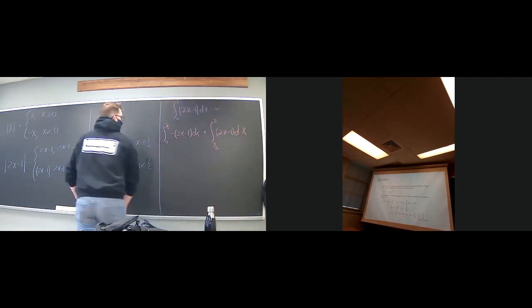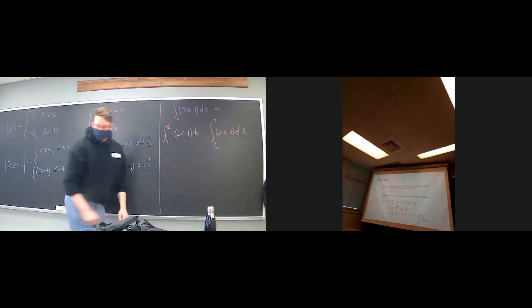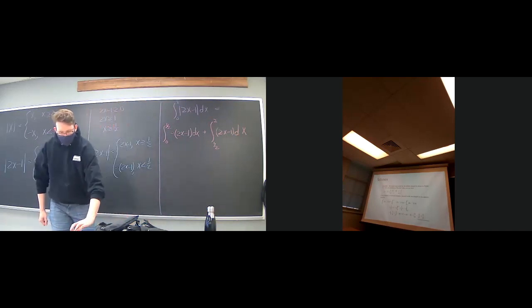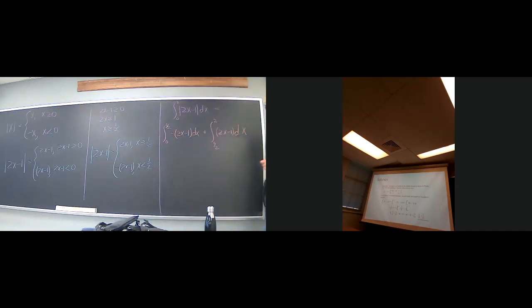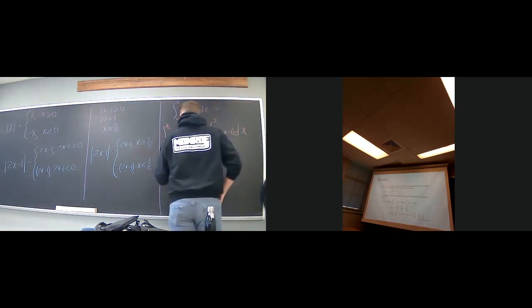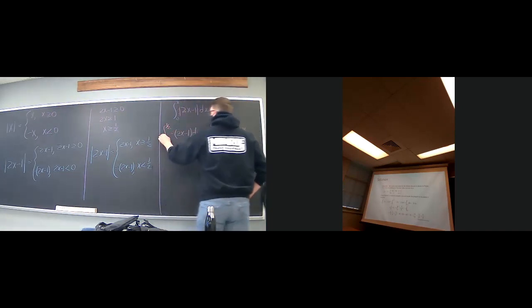So, I've got room here. Looking at this problem, we're going to do these things in steps, right? First, we're going to do the integration, and then we're going to apply the bounds. So this first integration here, well, we pull out that negative sign.